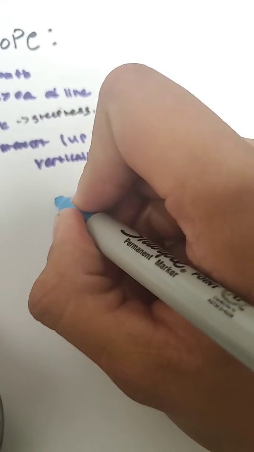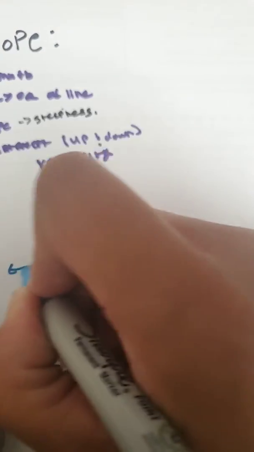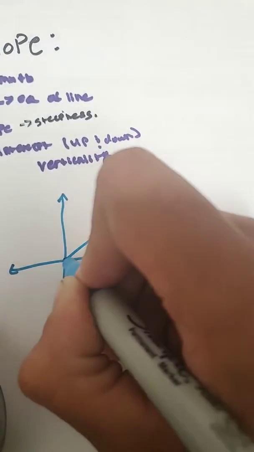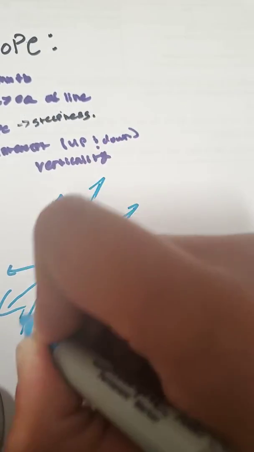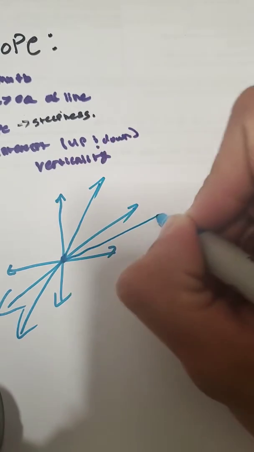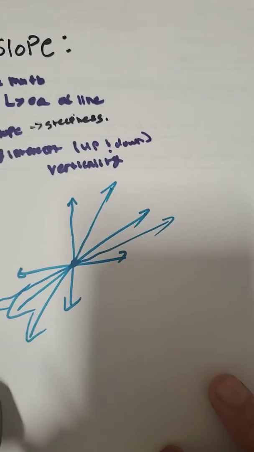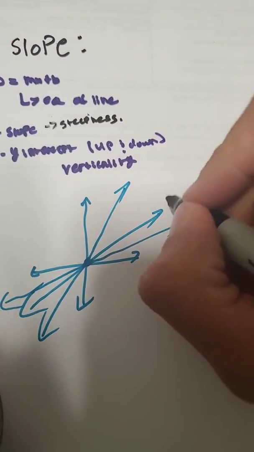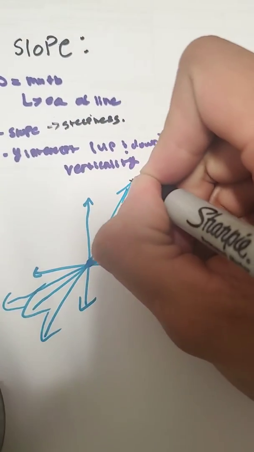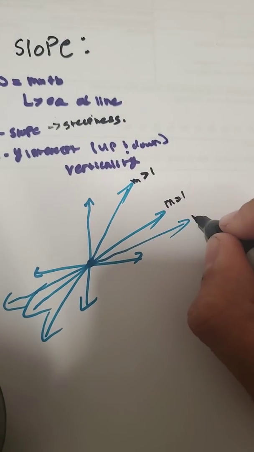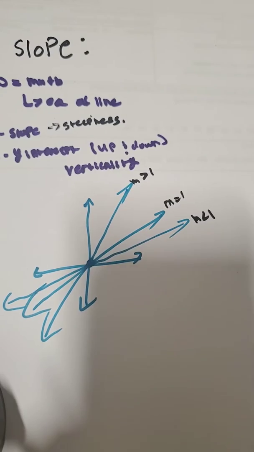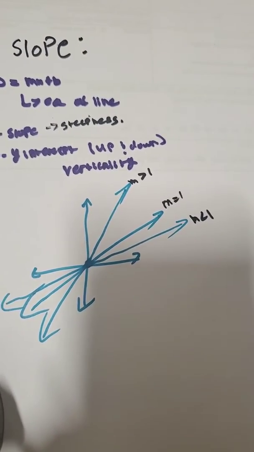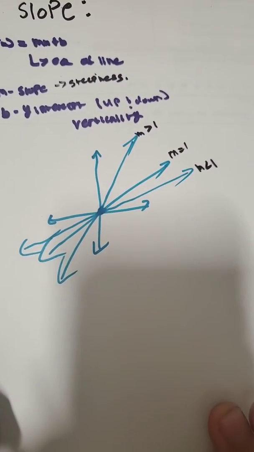If we draw a graph, the greater the slope is, the steeper it is; the less the slope is, the less steep it is. So this is m greater than 1, m less than 1. But there's more to it.